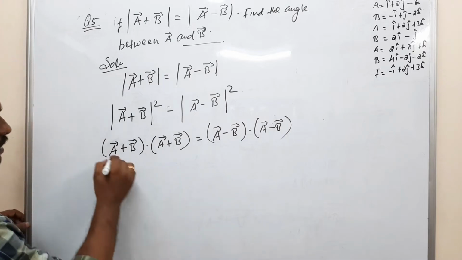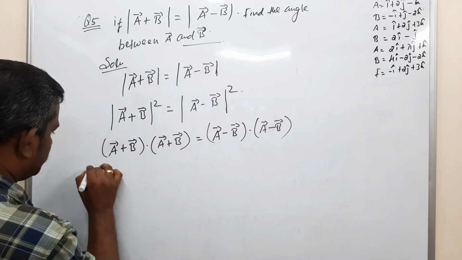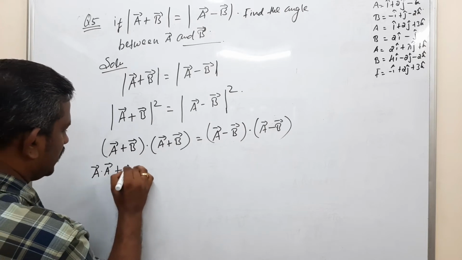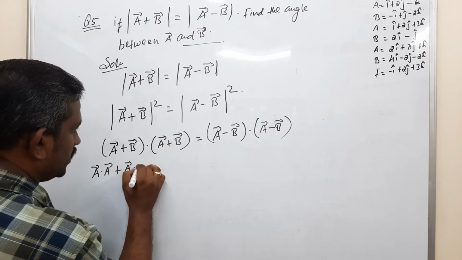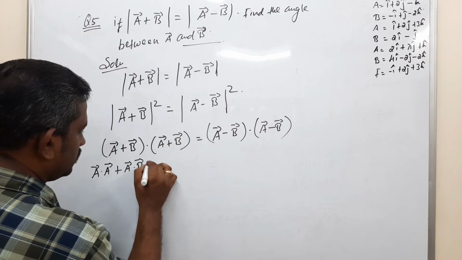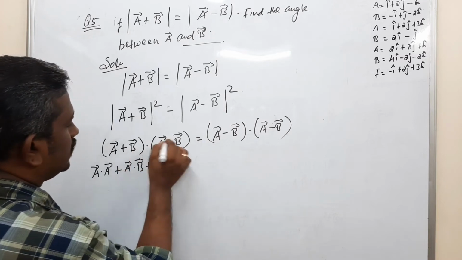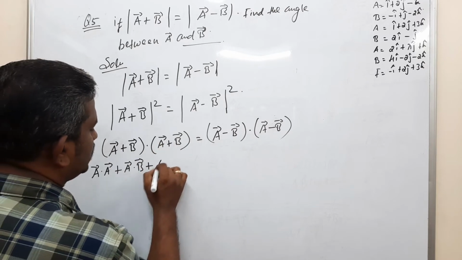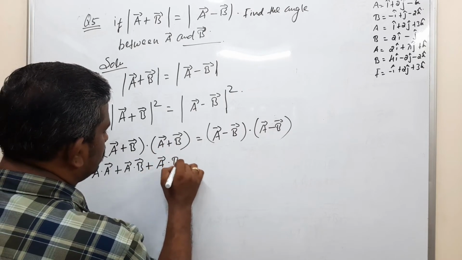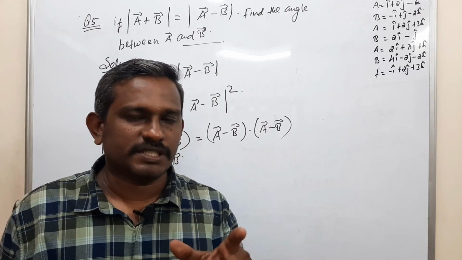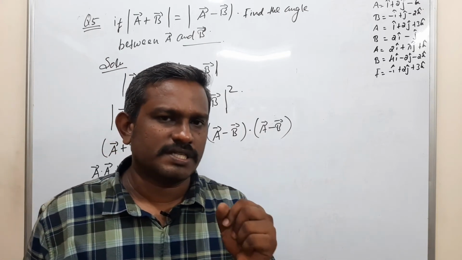Clear? So take the dot product: A vector dot A vector plus A vector dot B vector plus B vector dot A vector, that we can write as A vector dot B vector, because dot product is commutative.